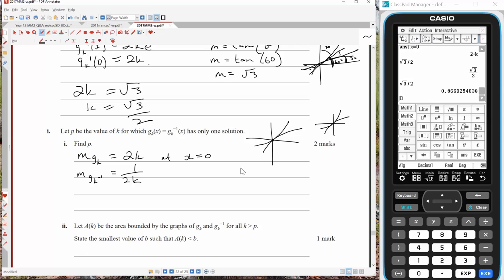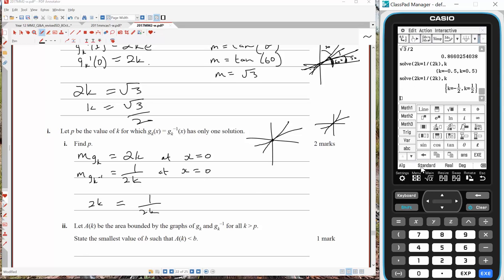Now what we'll do then is we'll go, they need to be the same, 1 over 2k. So that's going to be: solve 2k equals 1 over 2k for k. k equals plus or minus a half.